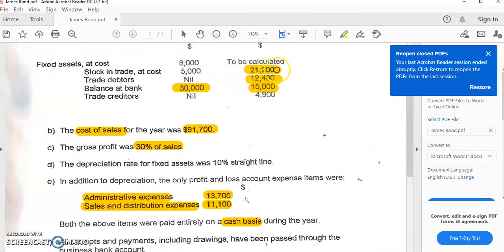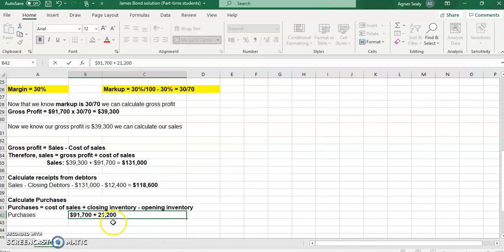Closing inventory 21,200, and our opening inventory is $5,000. So 21,200 minus $5,000. Okay, so let's see how much that is.